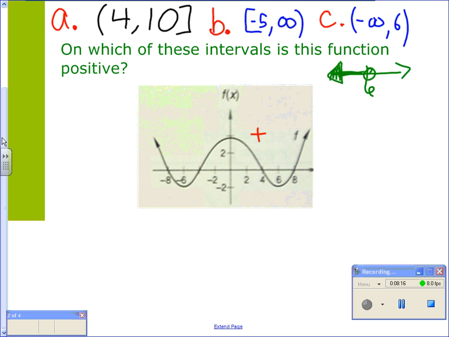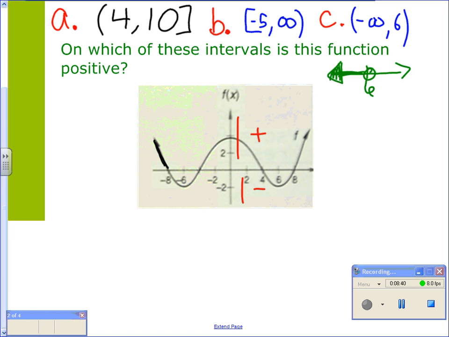Is it positive above this axis? And then negative where? Negative in this area? Does that make sense? It's positive when it's above your x-axis, and if it's below the x-axis, it's negative. Y'all see that? So it would be from here to here.